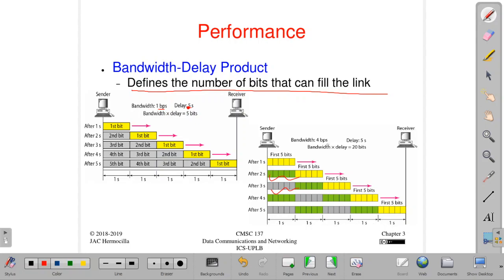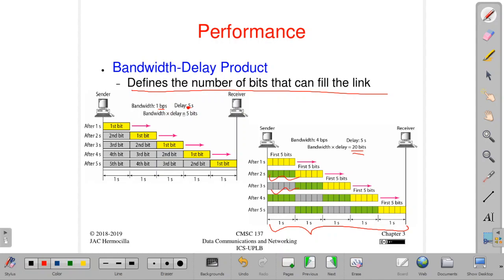If you have this bandwidth delay product of 20 bits, meaning in 5 seconds you have 20 bits flowing across the link.